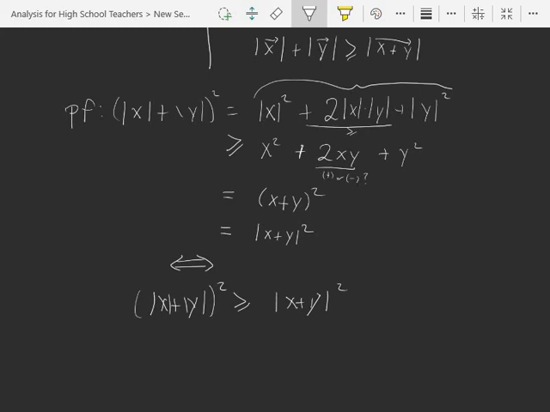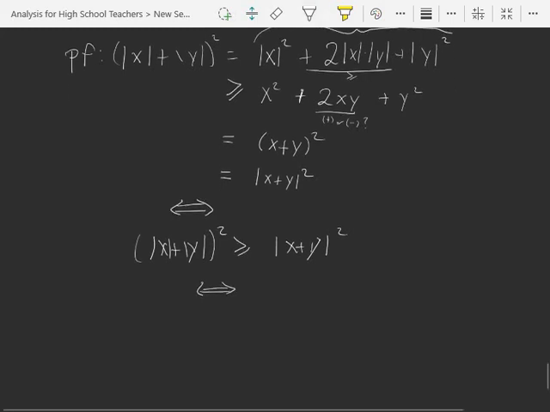Now let's refer back to our proof earlier. If I have two real numbers, if the squareds are bigger, then the things that weren't squared were bigger. Okay. And that's the proof of the triangle inequality.